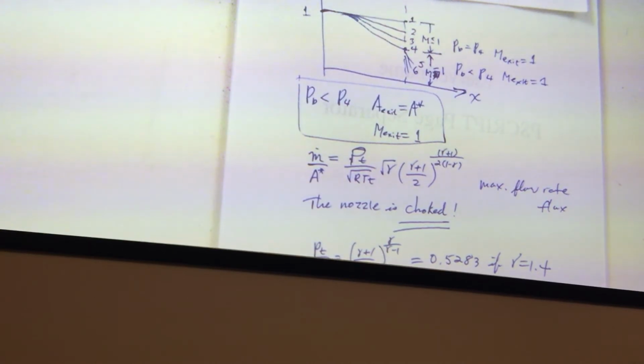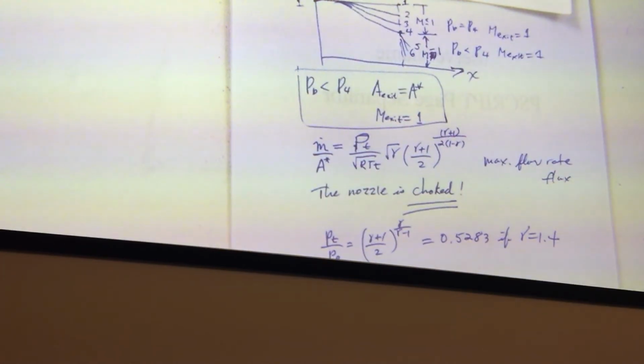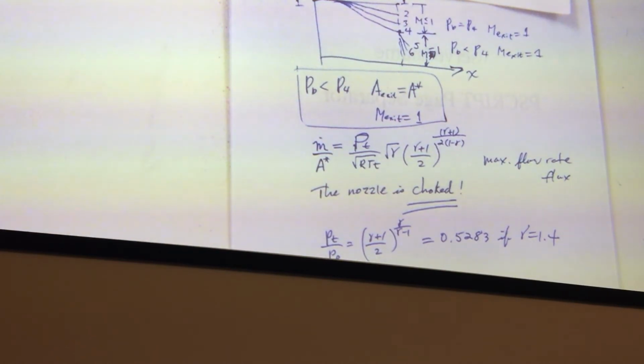So what that means in the context of this convergent nozzle is that your gas will continue to expand outside the nozzle.